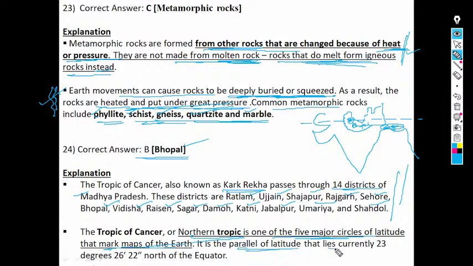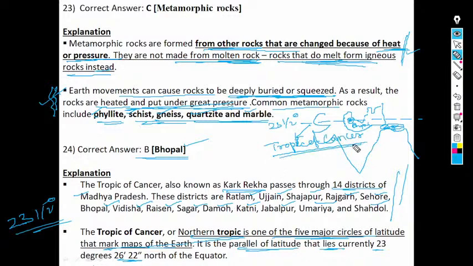It is the parallel of latitude that lies currently 23 degrees 26 minutes 22 seconds north of the equator, or we can say 23 and a half. This is the Tropic of Cancer.